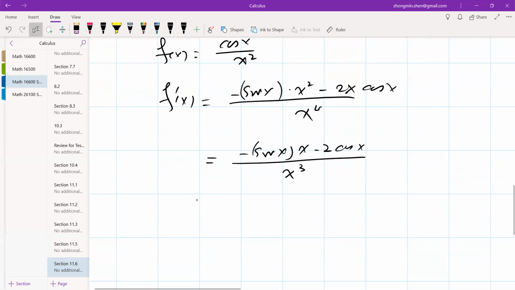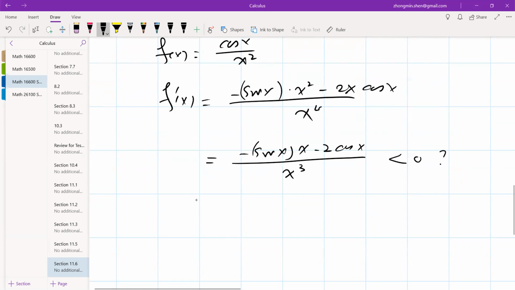I really don't know whether this is going to be negative or not. Okay, why? Sine x times x, when sine x is away from 0, then it can be pretty large for large x. But whether this is going to be negative, it's not clear.